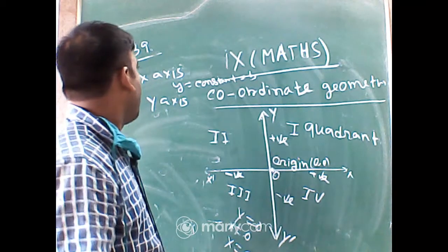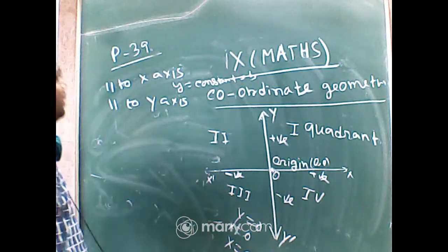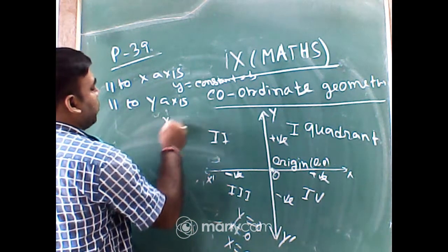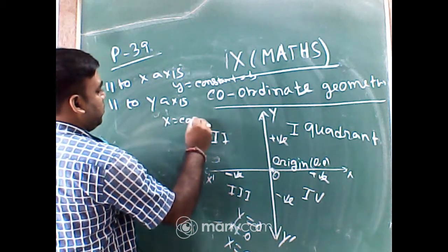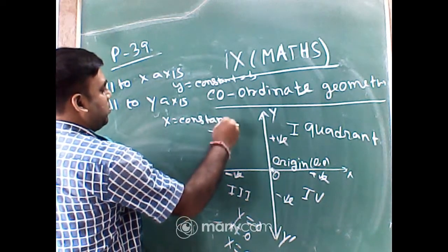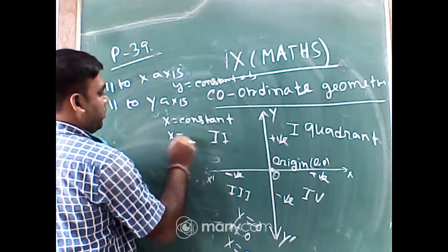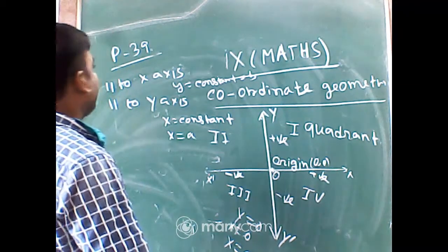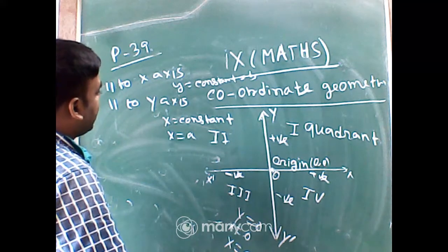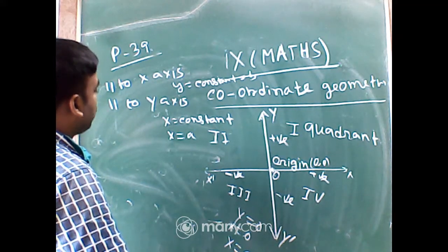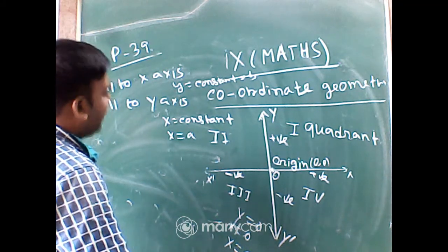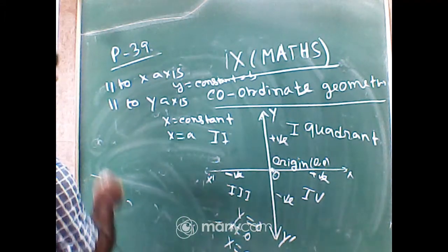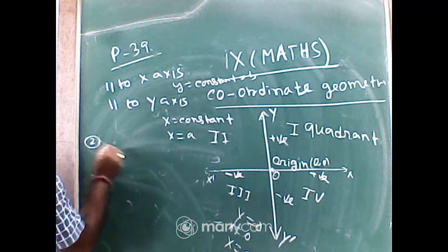And the line which is parallel to the y-axis is x equal to constant, or x equal to a. Both are right. Now, the first question, second question, that is an MCQ.